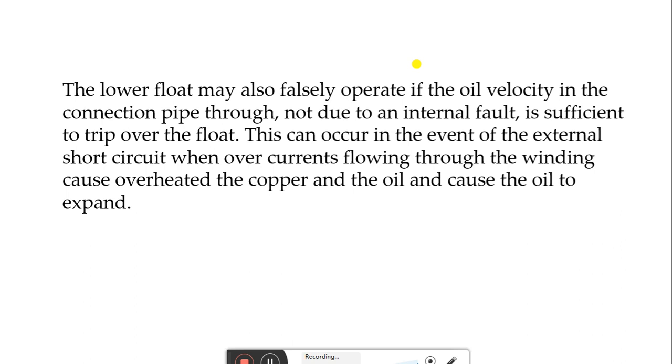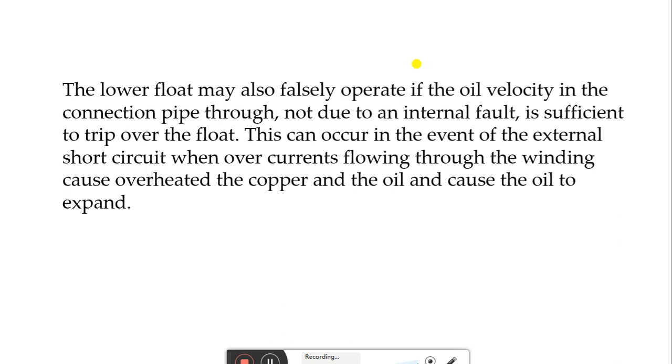This condition may also arise: there may be a pipe connection through which the oil is flowing, and if this velocity of oil is sufficient, then also this relay may operate.